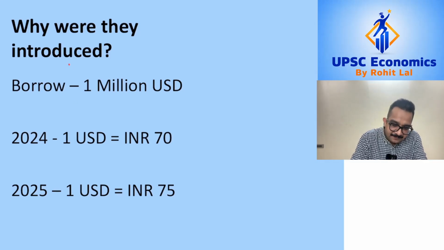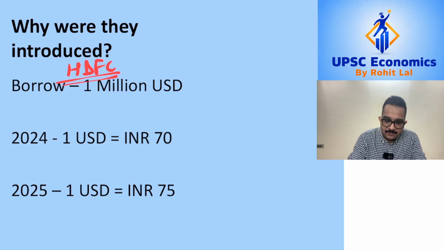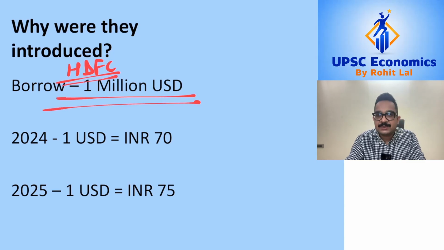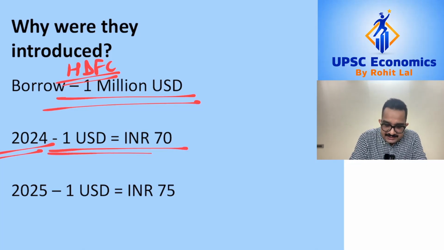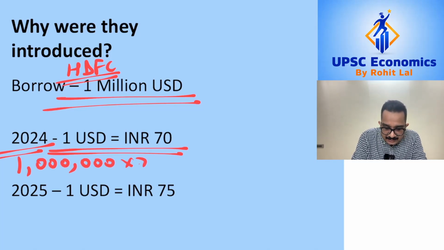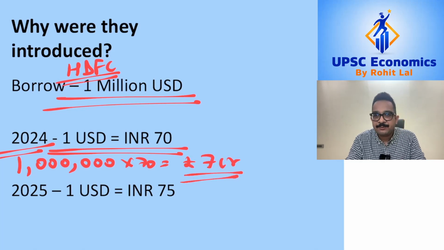So let's say in 2024, HDFC Bank wants to borrow 1 million US dollars from abroad. So basically, if HDFC Bank is borrowing 1 million US dollars in 2024, when the exchange rate is 1 USD is equal to, let's say, 70 rupees, then basically HDFC Bank is borrowing 7 crore rupees in 2024.